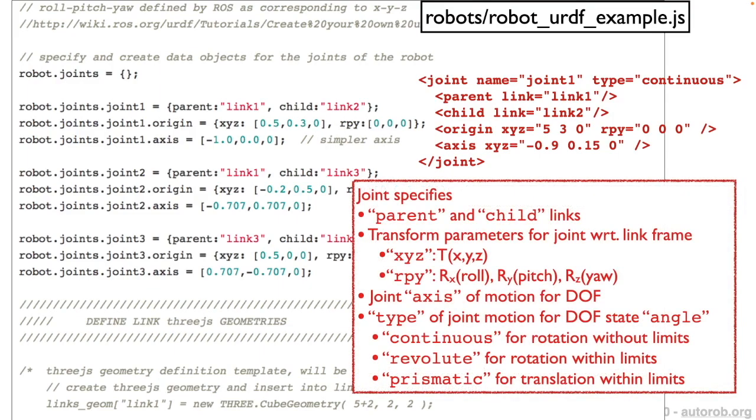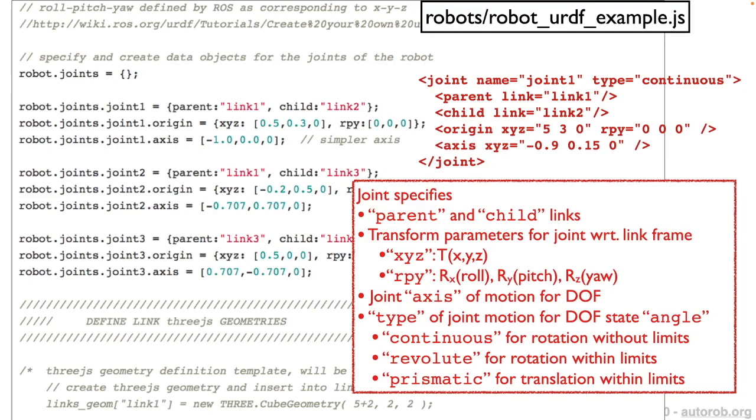Here, for example, is that summary that we just looked at. We have the parent and the child links for each joint. We have the transform parameters for the joint with respect to the parent link frame. So we have an XYZ, which denotes a translation, and an RPY to denote a rotation. Then we have the joint axis, which describes the axis of the degree of freedom operating.